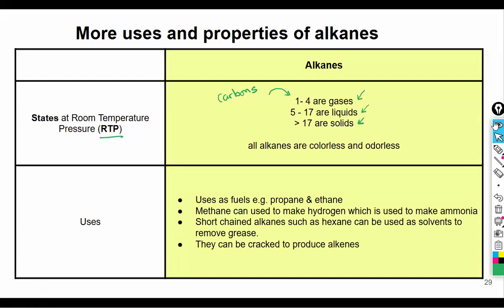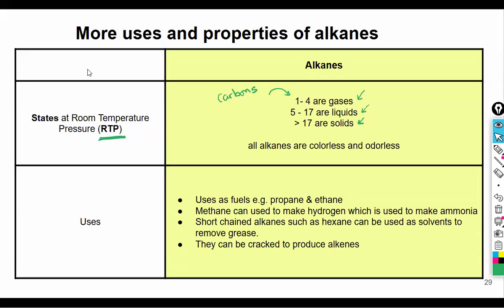If you are doing another question and you see something with 1 to 4 carbons and it's not a gas, that probably means the experiment is not taking place at what? Room temperature. This carbon, liquid, and solid classification is for room temperature. I believe room temperature is about 27 degrees Celsius and 1 atmospheric pressure.